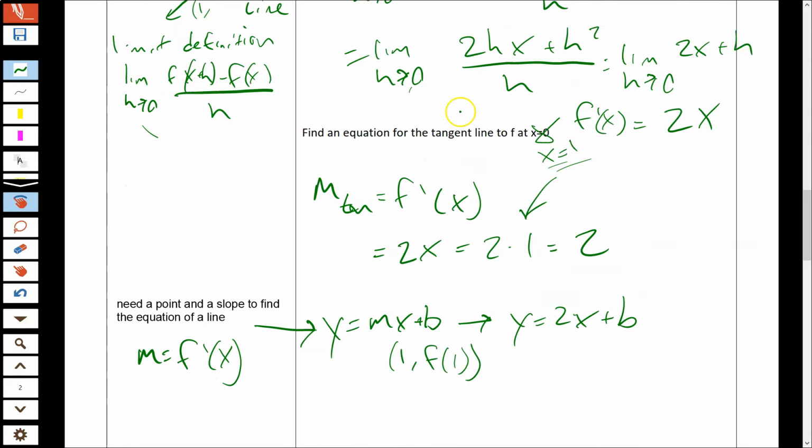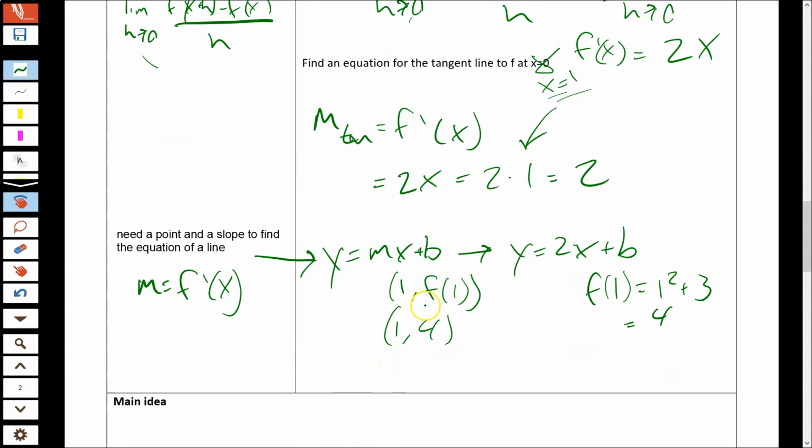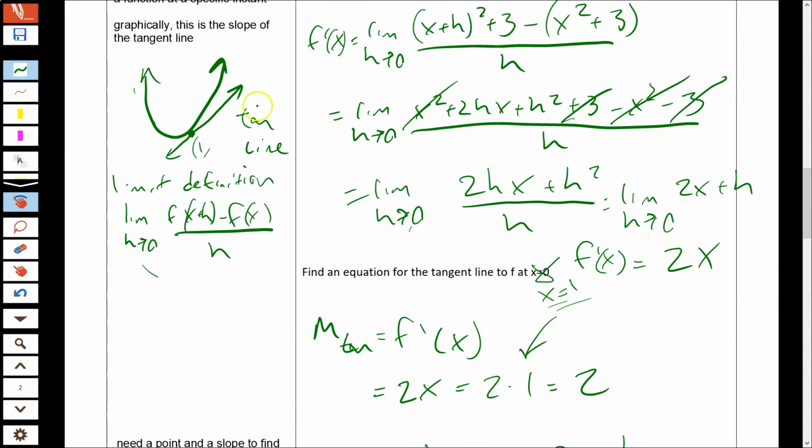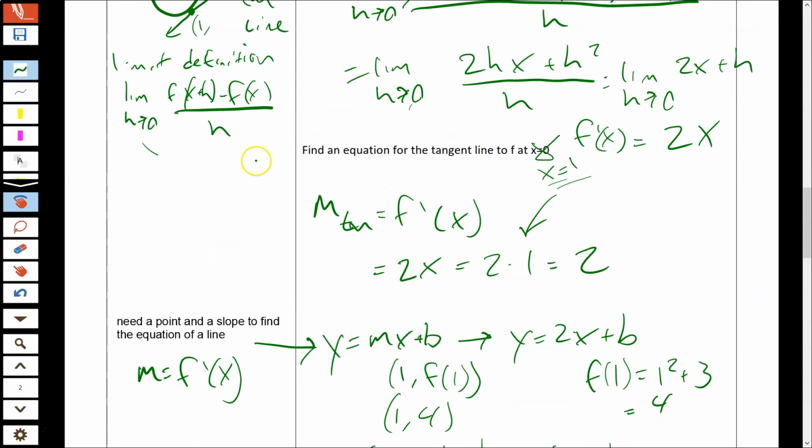So f of 1, well, f was x squared plus 3, right? So my point is 1 comma 4. And then you guys for sure know how to do this. 4 is my y, 1 is my x. So my tangent line is y equals my slope, 2x plus 2. So that would be the equation of this line that just touches the curve at this point. The slope of that line represents the rate of change.